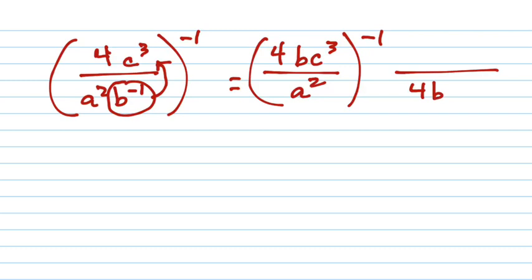So 4b c to the 3rd goes to the bottom, and a squared goes to the top. Okay? Oh wait, it's just a 1. No, that's for the long thing. You just leave it, take the brackets away. Right, that's it. Because it's an exponent of 1, so who cares, right? Okay? So the same thing with number 11. You could do those, so. Okay? All right.